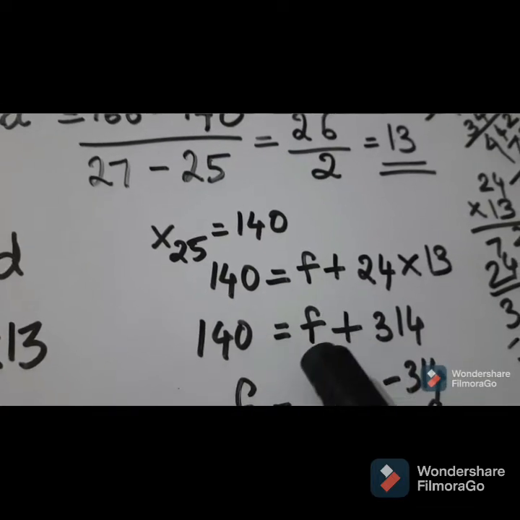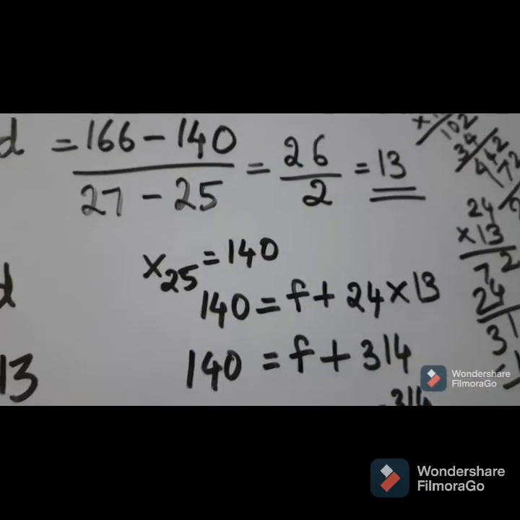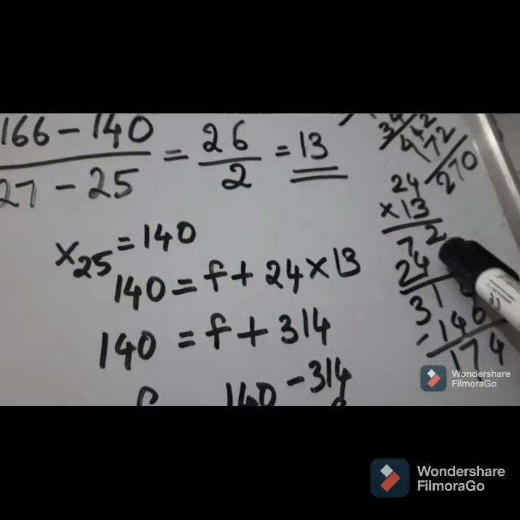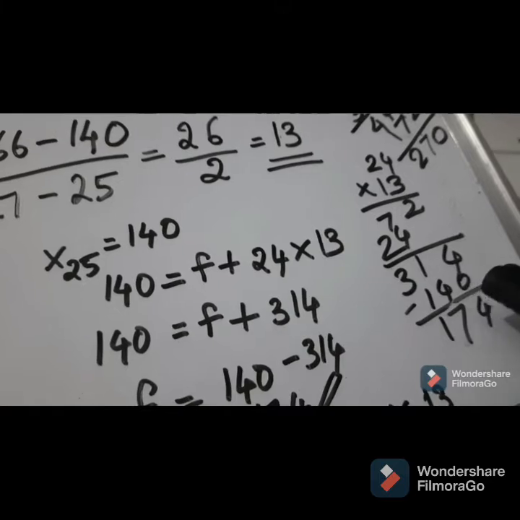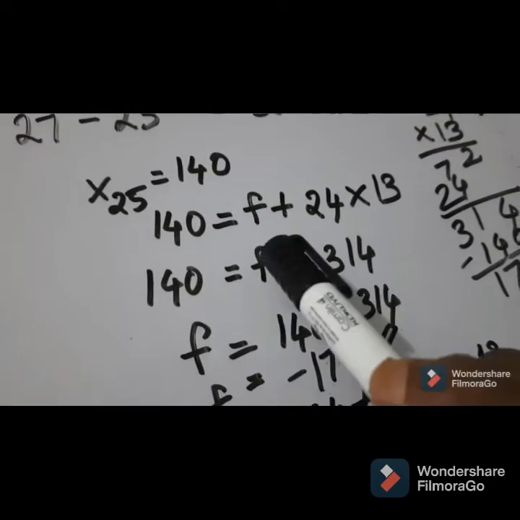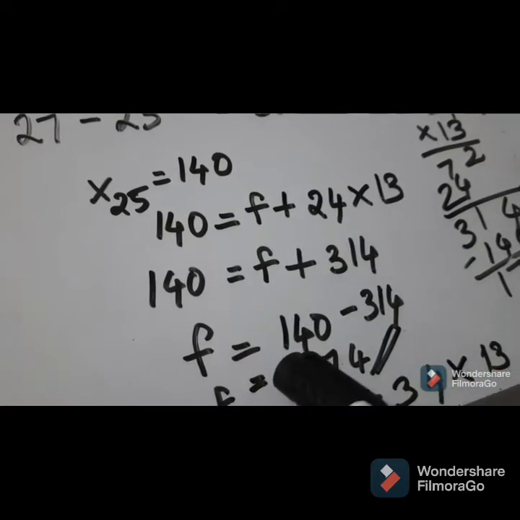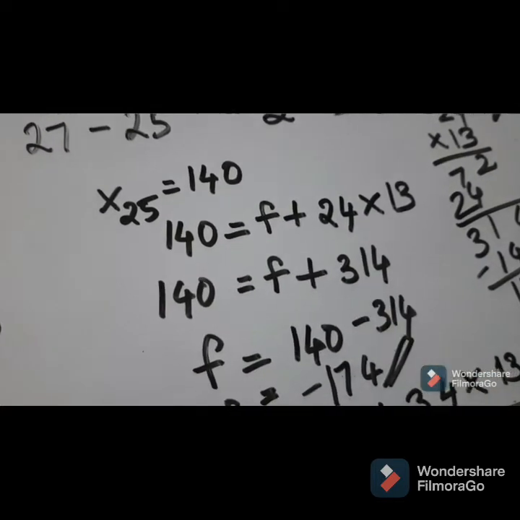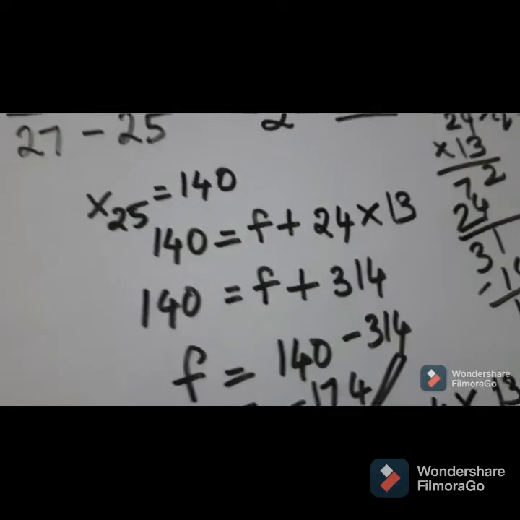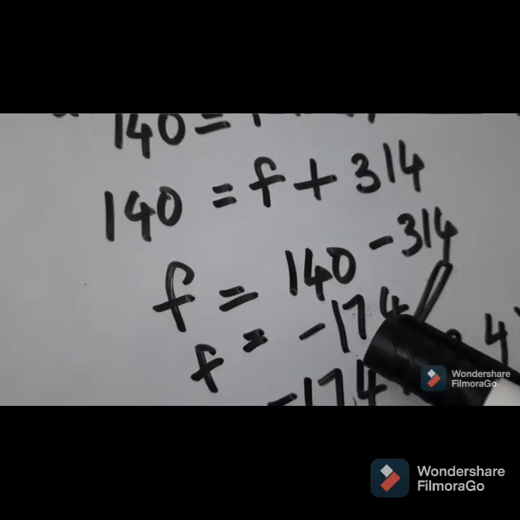So 140 equals first term plus 24 into 13. We calculate 24 into 13. It will come 312. So if we take this number to this side, 140 minus 312, we will get the first term as minus 172.